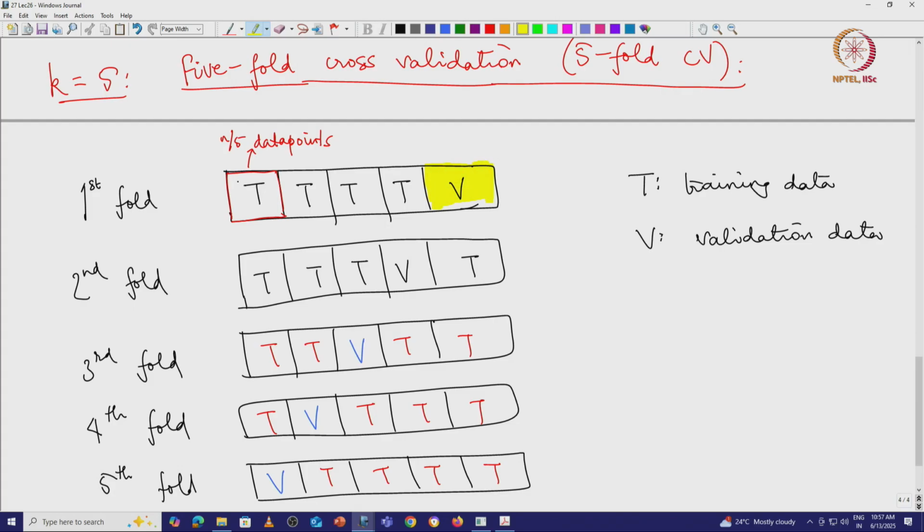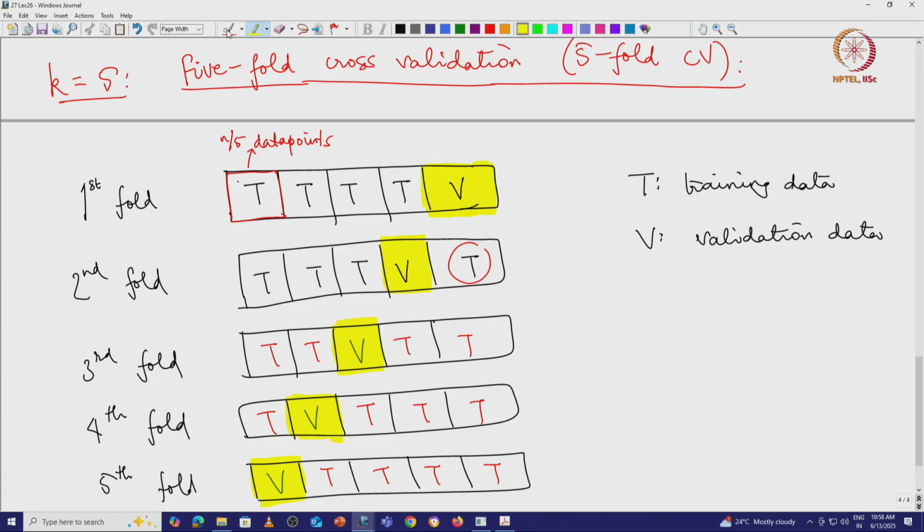Here these set of points are participating in validation, here these sets of points are participating in validation, but the others have moved to train. So, that is why I was saying that every data point will get a chance to participate in training as well as in validation. That is the beauty of k-fold cross validation.